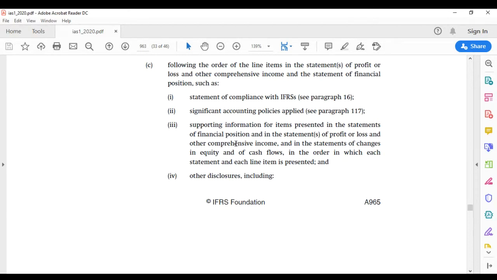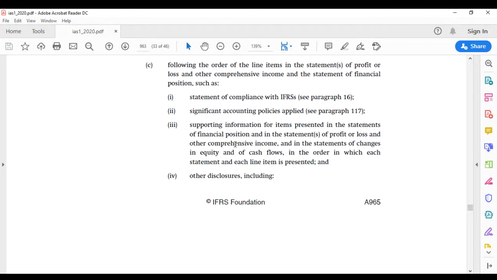So a basis of preparation note will typically be: the annual financial statements have been drawn up, or have been compiled, or have been drafted. You can choose your verb again, using, and then you describe the measurement method, using the historical cost basis or using the fair value basis. If that is the only basis that you use, then you'll put a full stop there.